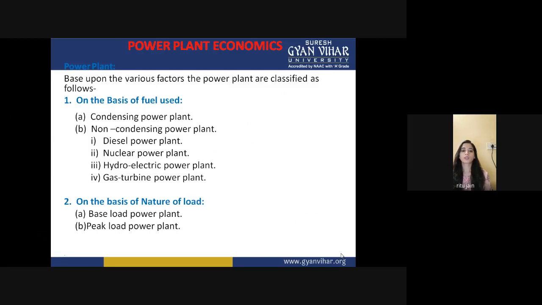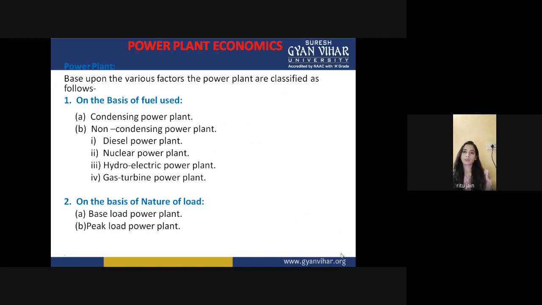Now, the question is, what is the difference between condensing and non-condensing power plants? Condensing means you are using a condensing process, like in a thermal power plant, where you use water to convert into steam, and then the steam is converted back into water, and that steam is used to generate electricity.